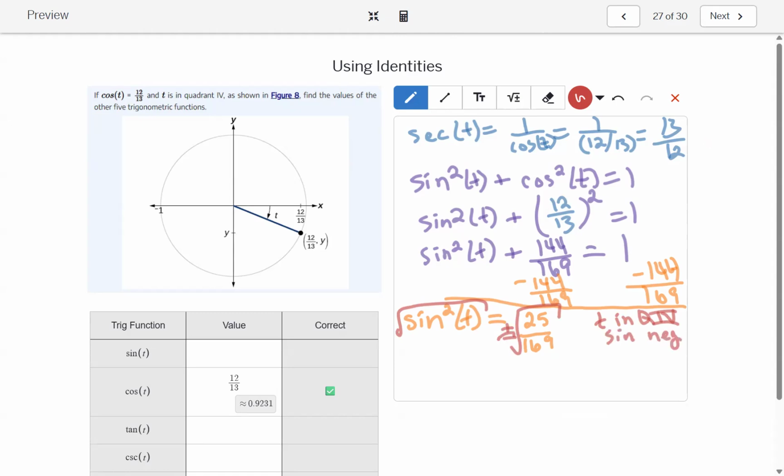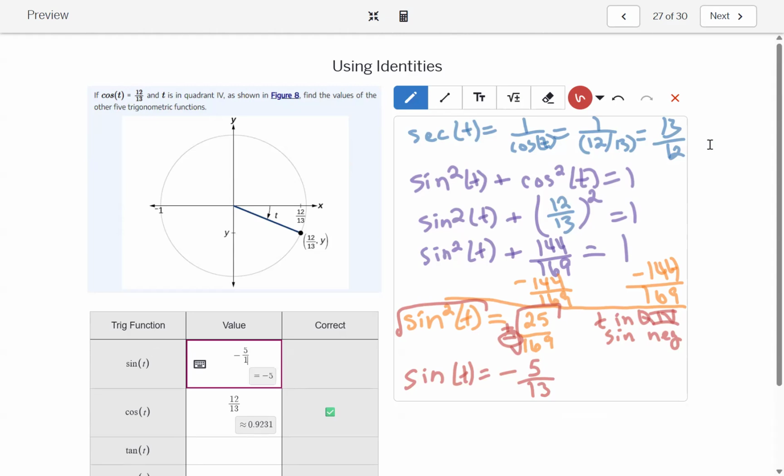So we're going to choose the negative square root. So sine of t is negative. Now here, you can just crunch the square root on your calculator, but the square root of 25 is 5, and 169 we got earlier from squaring the 13, so it better go back to a 13. So it turns out the sine here is negative 5 over 13.